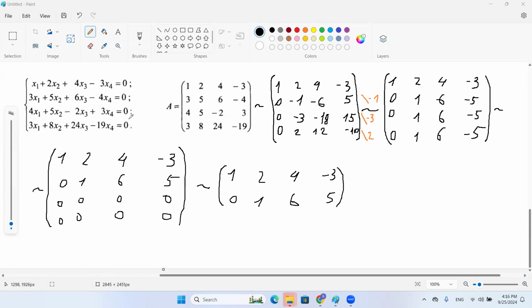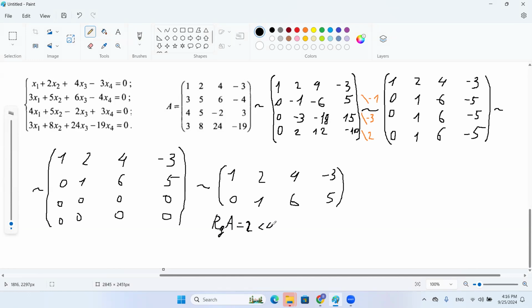By the way, how to recognize? Okay, let me give you a little spoiler. What is the rank of this matrix? Second. Yeah, so the rank of A is 2. And what is the order of our matrix? 4.